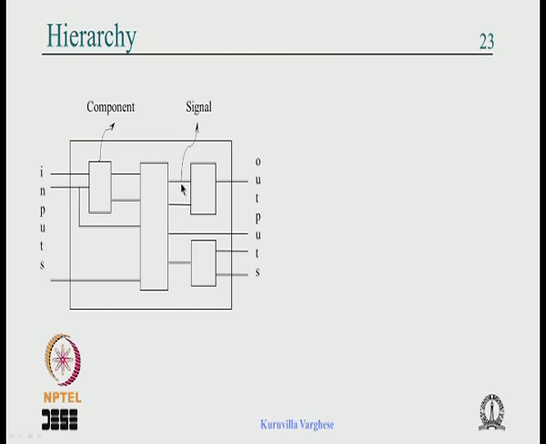So the signal does not have a direction, but it has a data type and everything has to match. So the game is you define a top level entity with input output port. In the architecture declaration region you declare the components, essentially its name, ports, direction, data type, everything, various components, and what are the internal signals you are going to use, that has to be declared, because that is not part of the input or output.